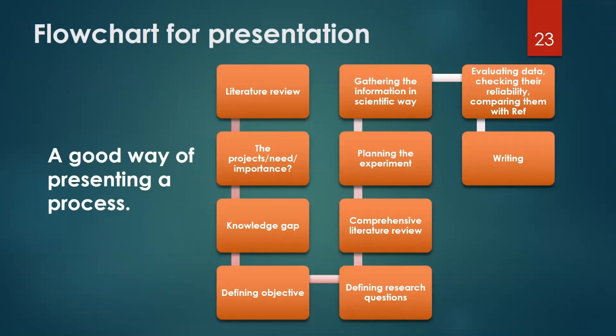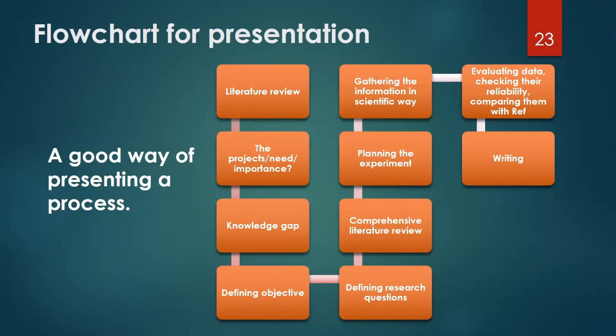You should do a literature review. The research project, the importance, the knowledge gap: you will define it based on the studies that you do. You will define objectives, and then from the objectives, you come to research questions.